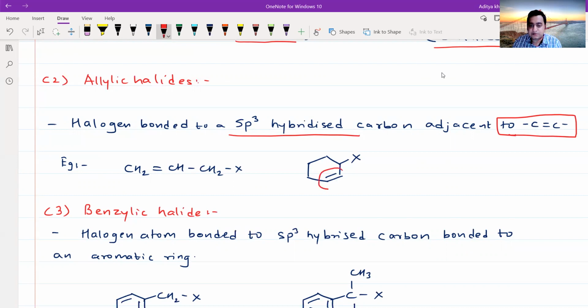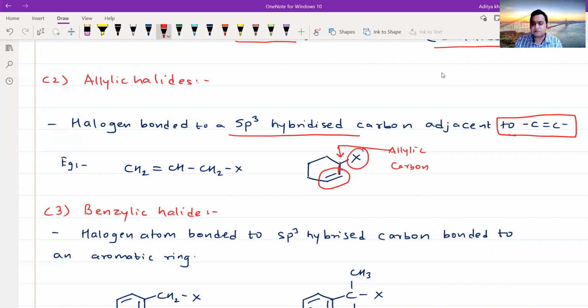Here you can see this is a C double bond C group, and this is a carbon which is adjacent to that C double bond C group, and it has a halogen attached to it. So first of all, this carbon itself is called an allylic carbon. We should remember this term. It is called an allylic carbon. So obviously, a halide or halogen attached to that carbon will be called an allylic halide.